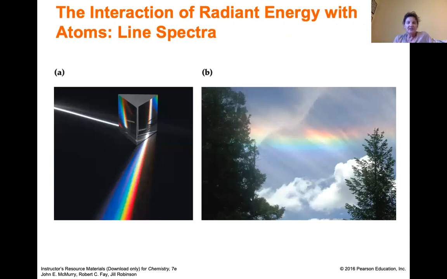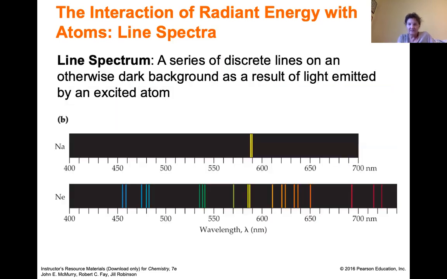And so this is just showing what I was just saying. If electromagnetic radiation interacts with atoms, you can see different wavelengths of light that are absorbed. And this is just showing you that with a prism, or what really a rainbow is, light that's perhaps white light, contains all the different wavelengths, can be split up so you can see the individual wavelengths.